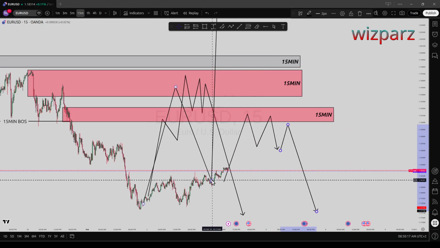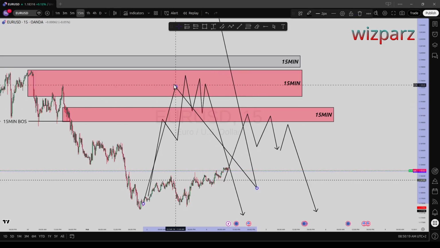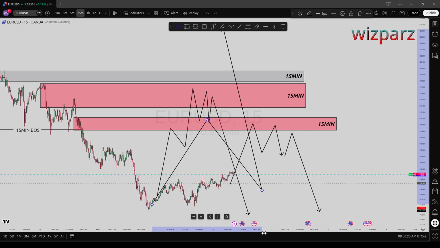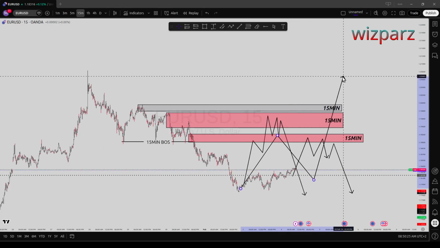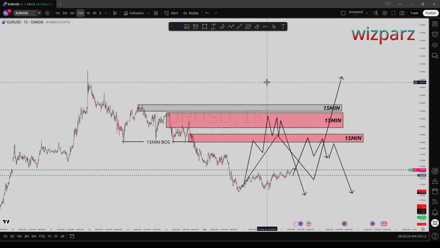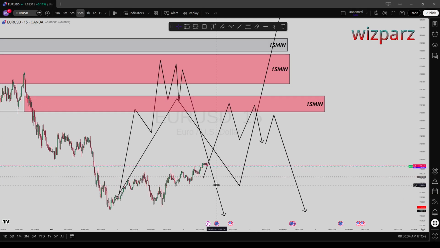As I said, this is the main thing that will change my perspective on EU also. If price makes something like this, this will change my perspective on EU about selling. But right now you can see that price is still in consolidation mode.